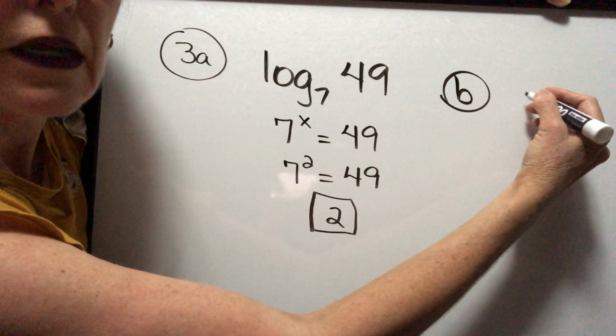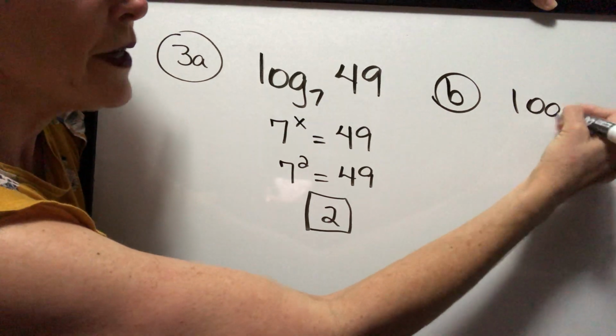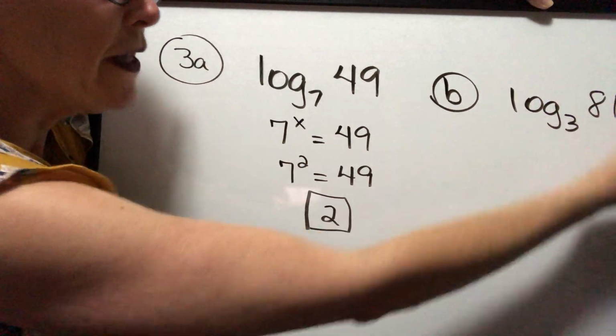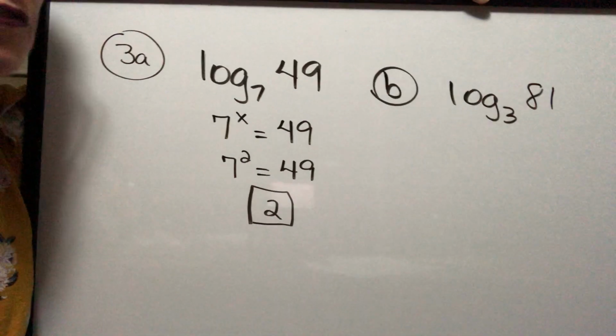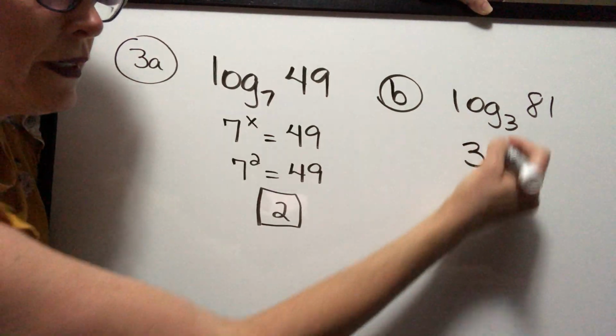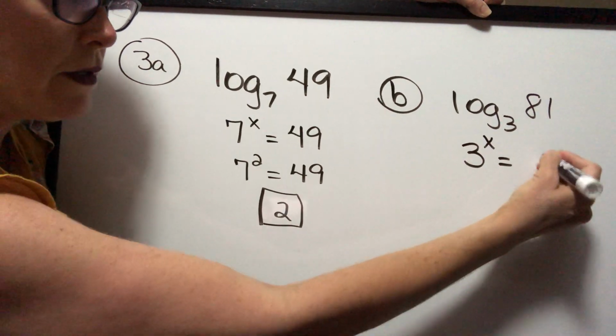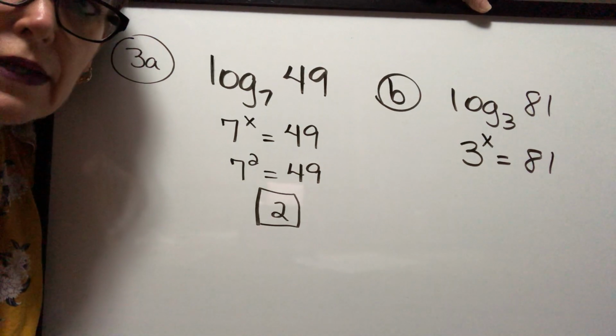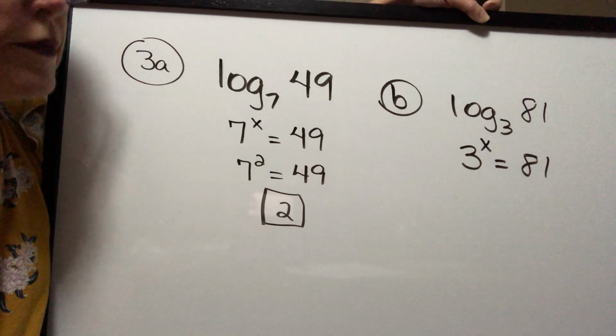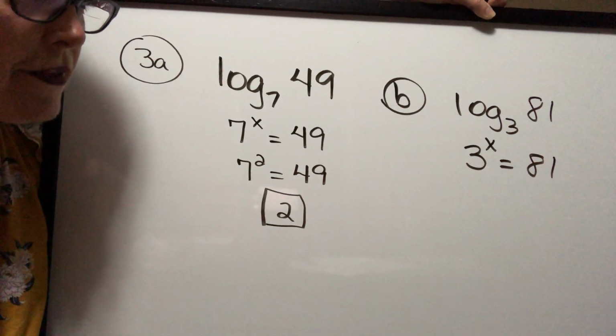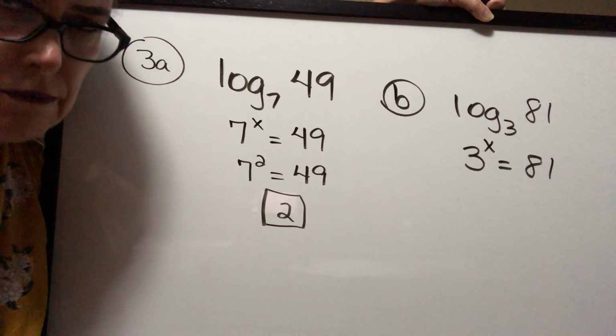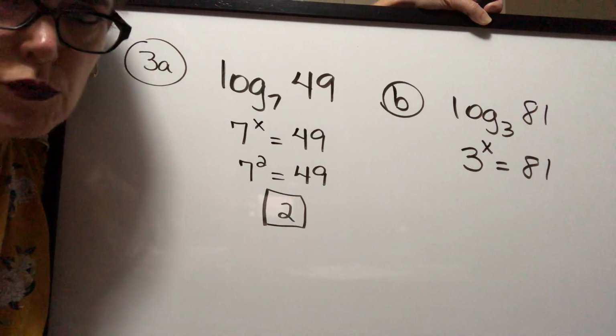So look at B. Log base 3 of 81. So you're trying to think, if you took the number 3, can you raise it to a power and get 81 as the answer? Well, you might have to think a little harder on this one. But think 3 times 3 is 9. 9 times 3 is 27.